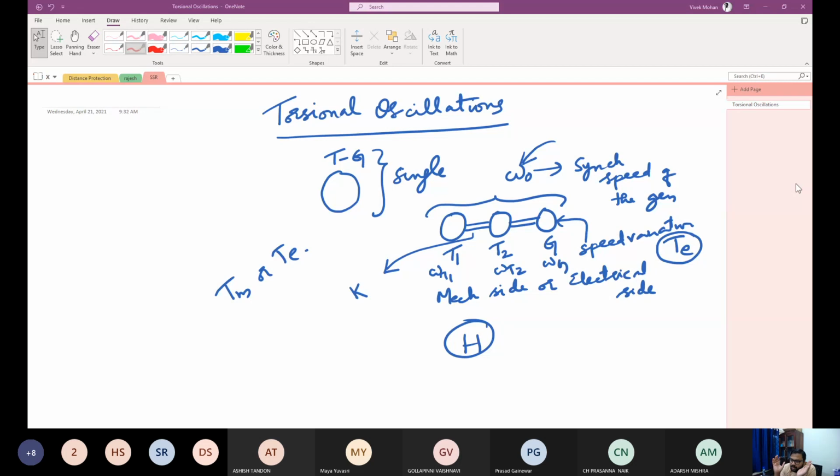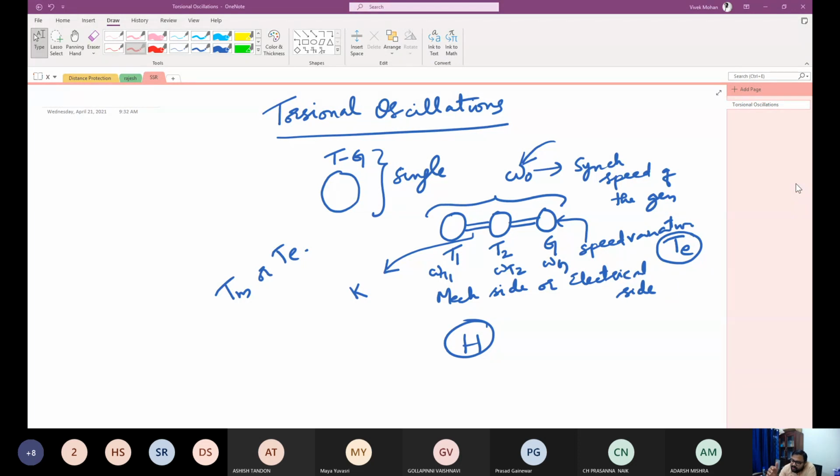Now, this variation in speed, or the disturbance to the entire multi-mass system, can happen from either the electrical side or the mechanical side. Electrical side in the sense that the stator of the generator is connected to the electrical network. So any disturbance in the network can affect the speed of the synchronous machine momentarily.